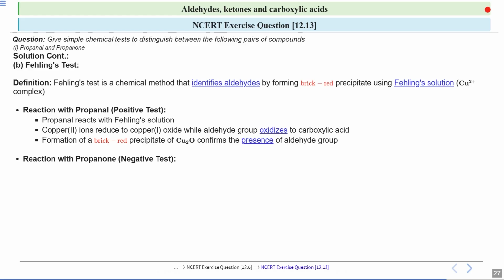Next, we test with propanone, which is a ketone. You will see that no color change happens. When propanone, which is a ketone, is added to Fehling's solution, there is no reaction. Ketones do not have the reactive hydrogen atom next to the carbonyl group, so they do not react with Fehling's reagent.